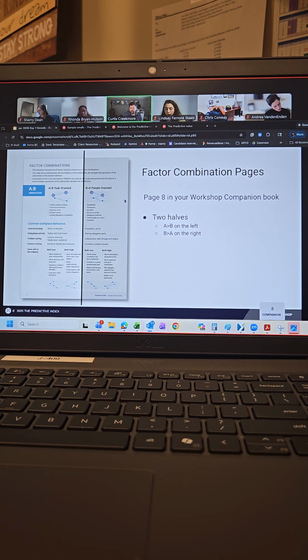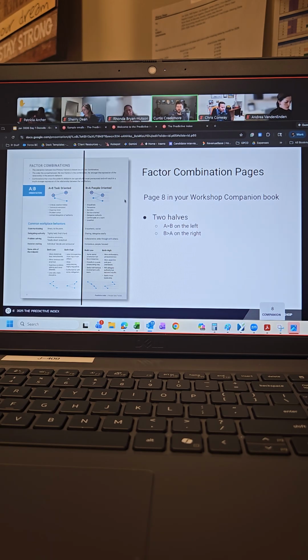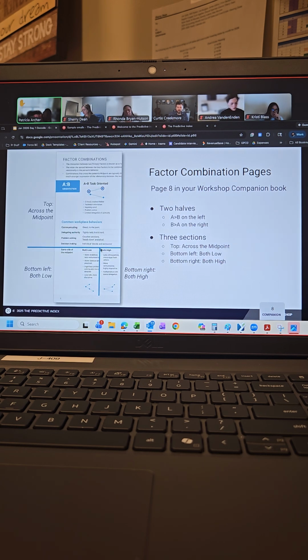And on the right-hand side, you've got B over A, which means that person is people-oriented. In addition to that, there's also a top part and a bottom part because factor combinations can go across the midpoint. And when that is the case, you're going to look at the common workplace behaviors that are on the top half of that page.